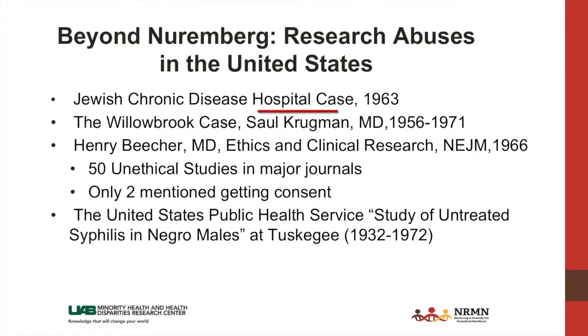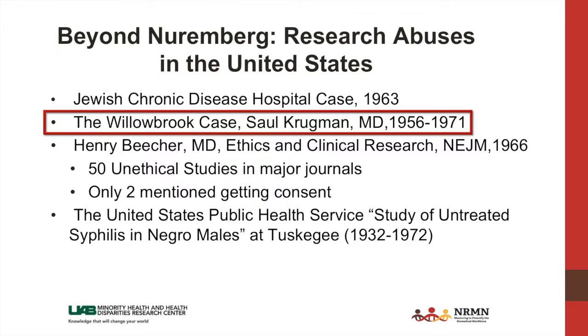Yes. Well, the second one that I can call attention to is the Willowbrook case that happened between 1956 and 1971. The Willowbrook State School was a school for children with mental problems.